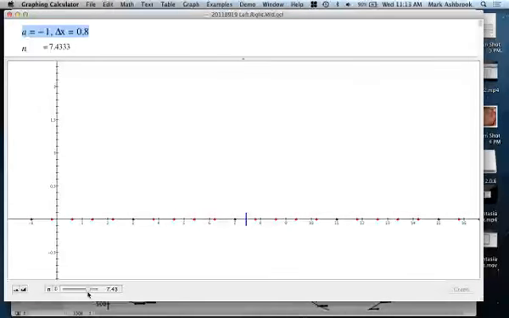Here we are. The current value of x is 7.43.